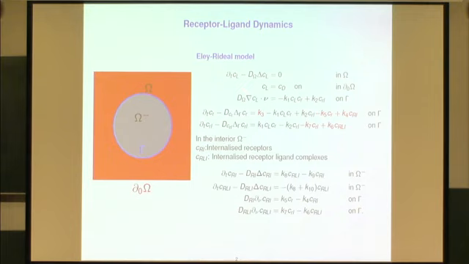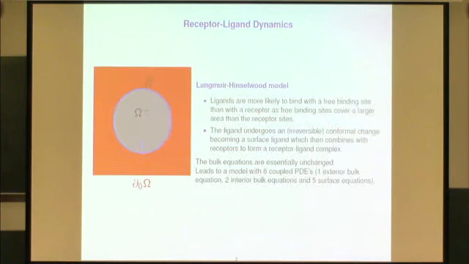Even this is an oversimplification, because what actually happens in practice is that the surface reaction is not occurring in the way I've explained so far. Ligands, when they approach the cell, are more likely to encounter what's called a free binding site rather than a receptor. So these ligands first find a free binding site, and then they undergo what's called a conformal change, which is irreversible, to become a surface ligand.